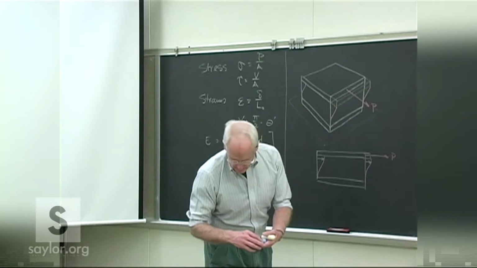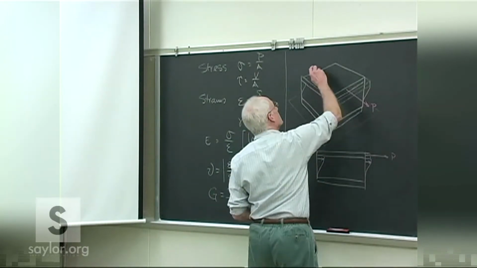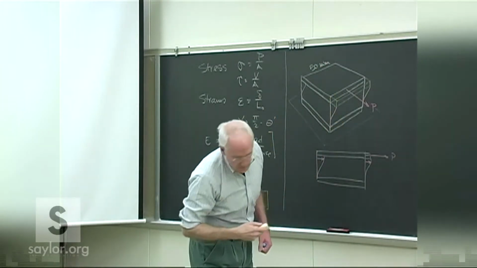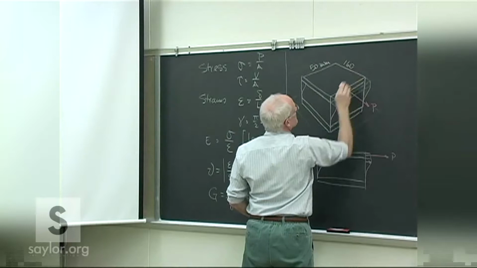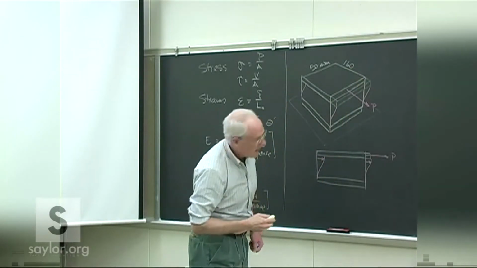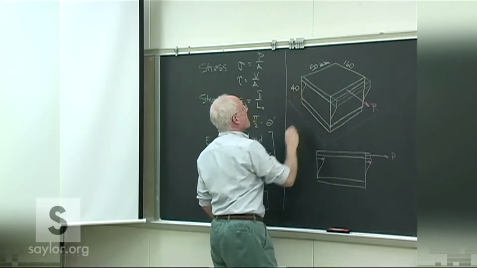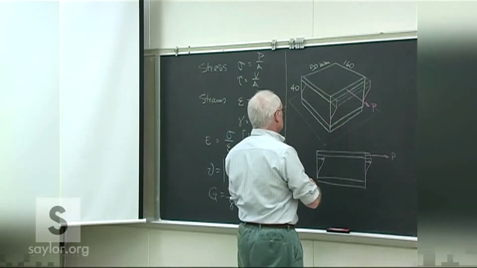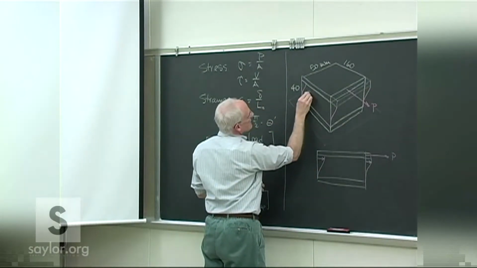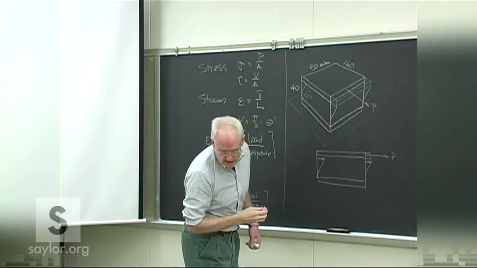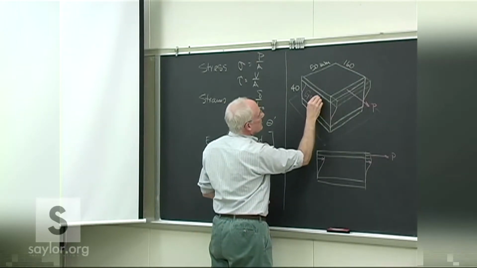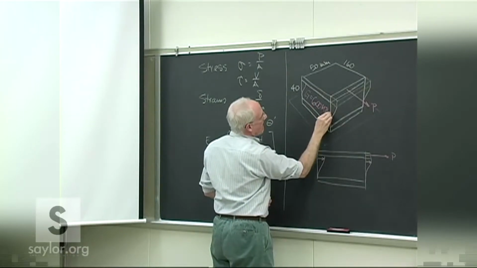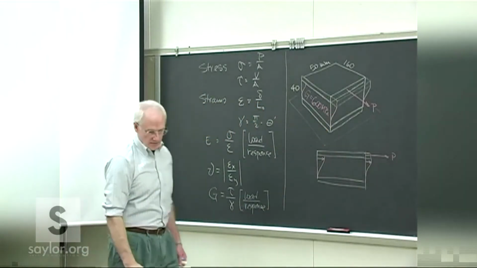So let's see, given a couple things here. Depth of the block 50 millimeters, length 160, height 40, all those in millimeters. The modulus of elasticity, and you can see how they painted it right on the side here, 600 megapascals.